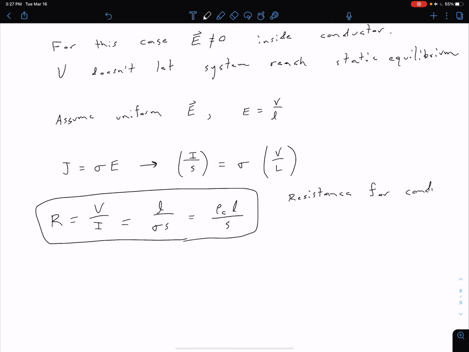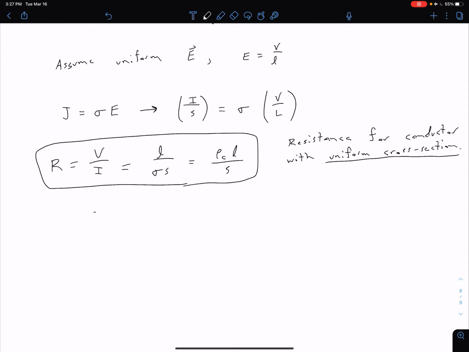The important qualifier here is that this is for the case of uniform cross-section, the simplest case that we can consider. Let me explicitly define this rho C as equal to 1 over sigma, which we might recognize as our resistivity. Resistivity typically is going to have units of ohms times unit distance.